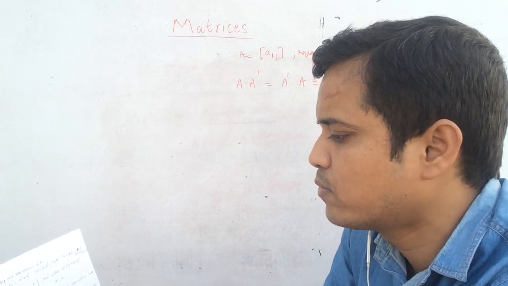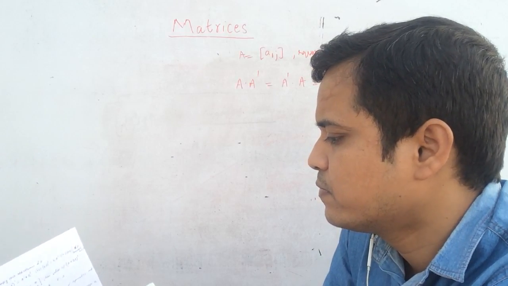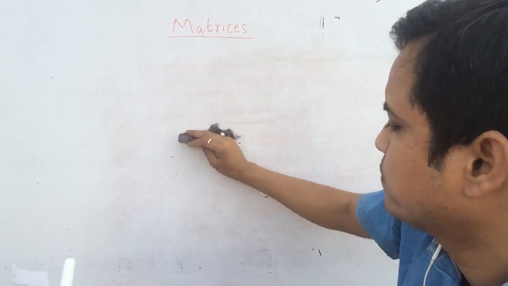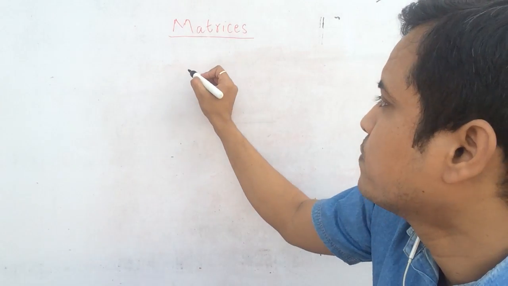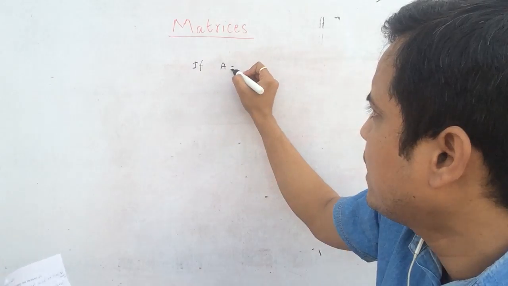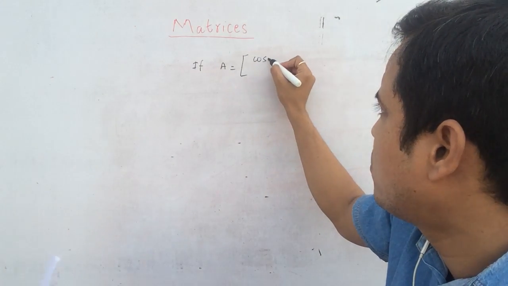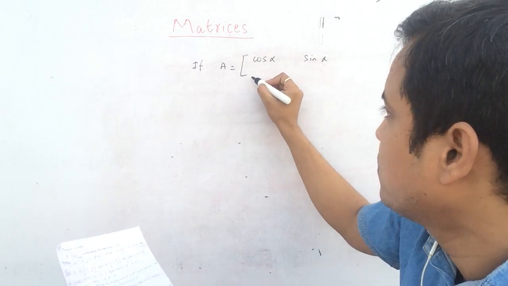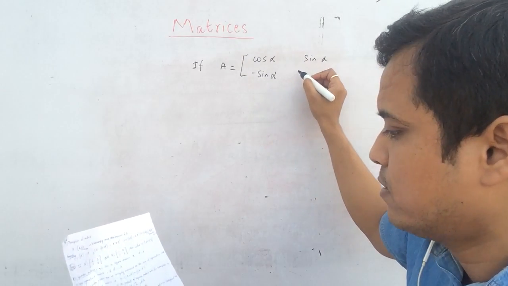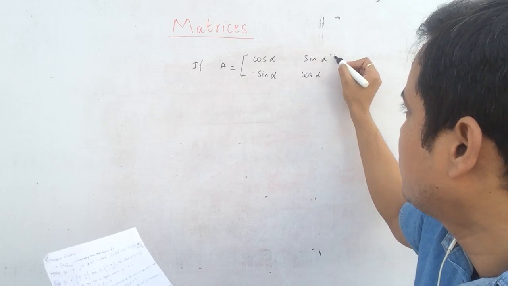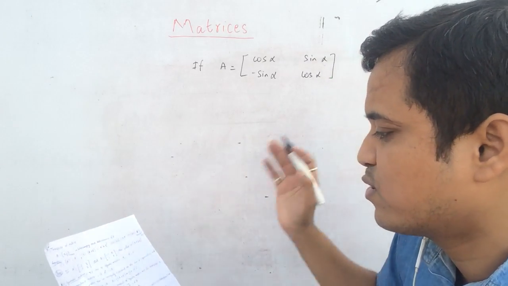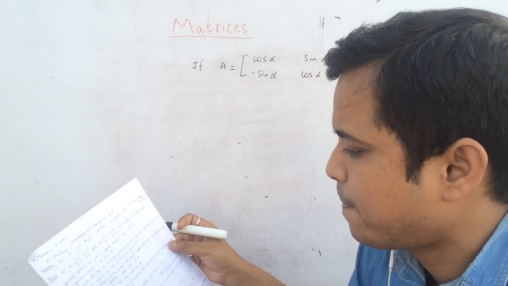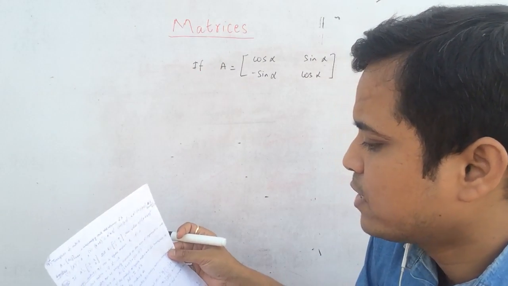So should we do one question? So here, if A equal to cos alpha sin alpha, minus sin alpha cos alpha, it is a square matrix, you know that. Okay. So the question here: find whether the matrix A is symmetric.